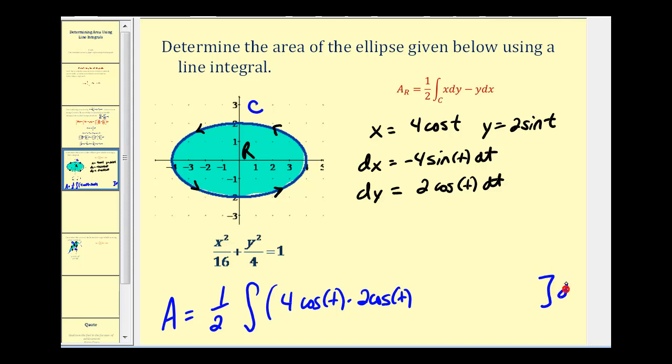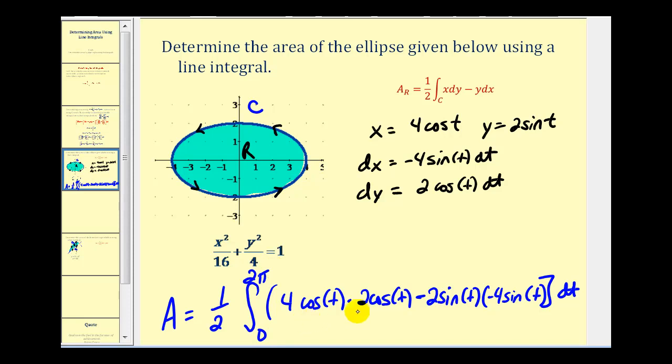I'm going to go ahead and put the dt out here, minus y, which is 2 sine t, times dx, which is negative 4 sine t. And our limits of integration in terms of t would be from 0 all the way to 2 pi.